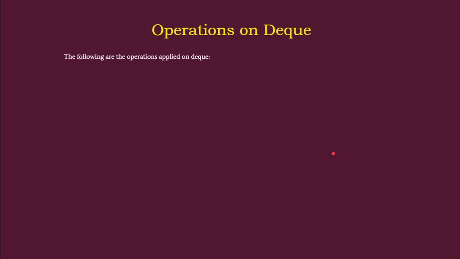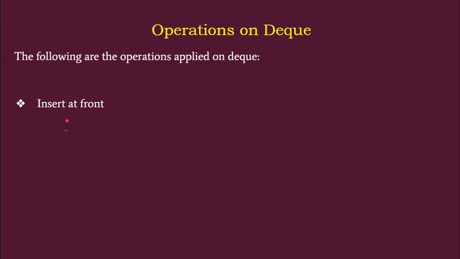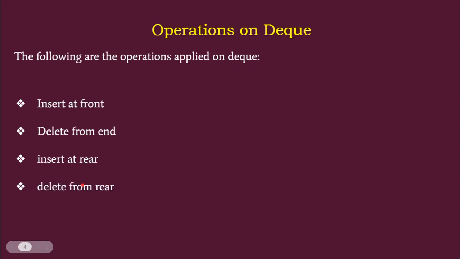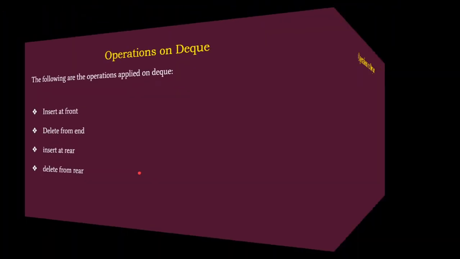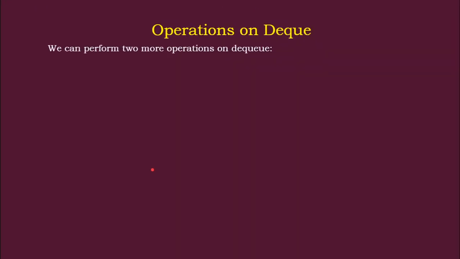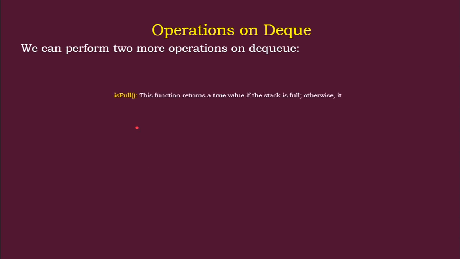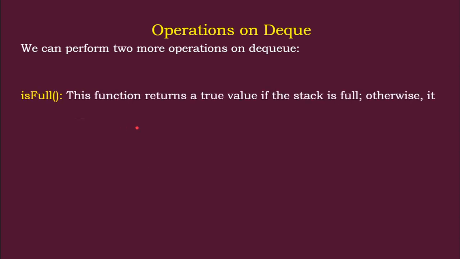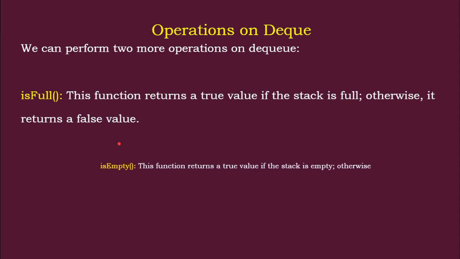Let us see what operations are possible in the DQ. Number one, insert at the front, delete from the front, and then insert at the rear and delete from the rear. As we just saw, deletion and insertion can take place at both the ends. There are a few more operations on DQs, where we check whether the DQ is full or the DQ is empty.